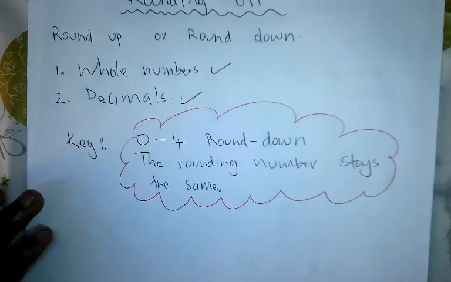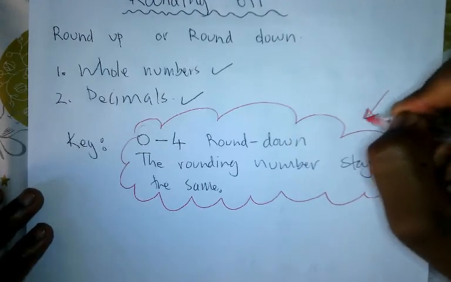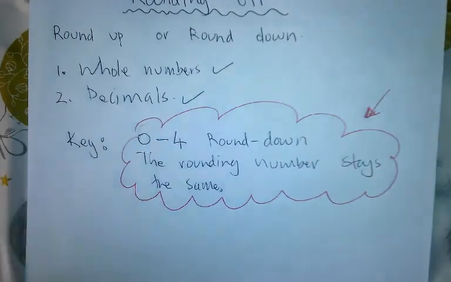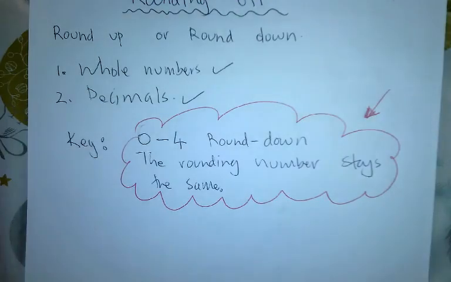Are we all clear, guys? If the number is between what and what? 0 and 4. Meaning any number less than 5. 4, 3, 2, 1, 0. We're going to look for that.